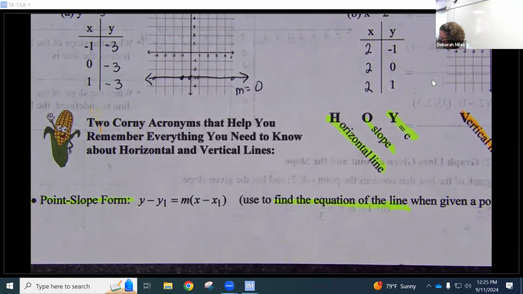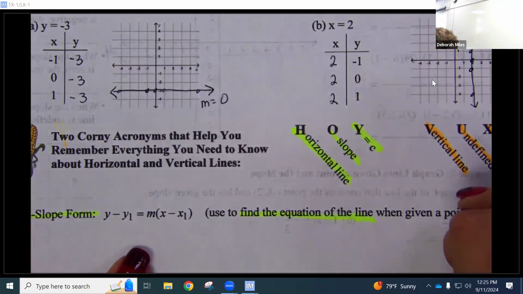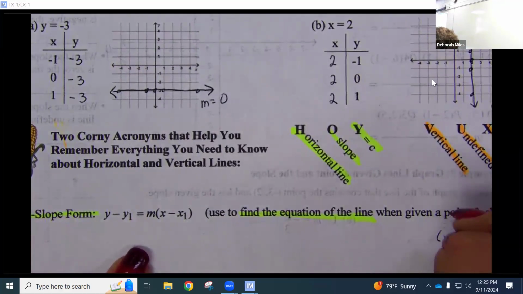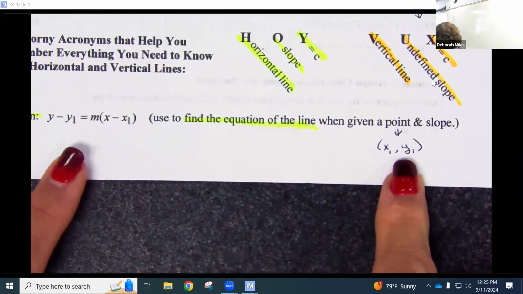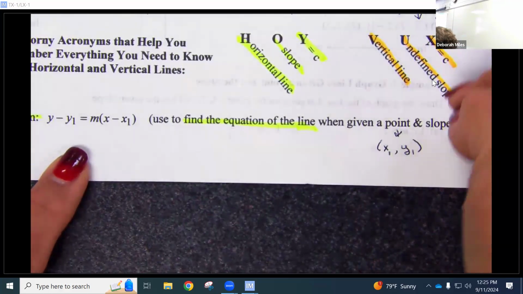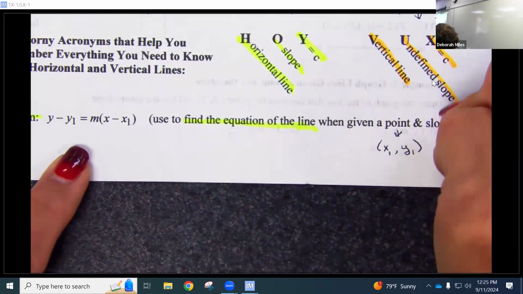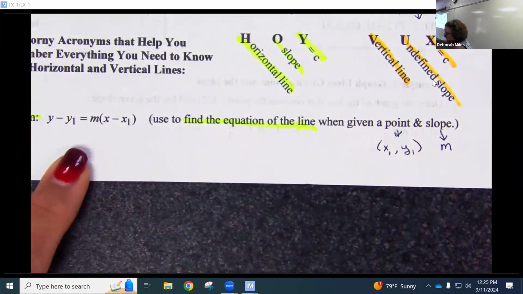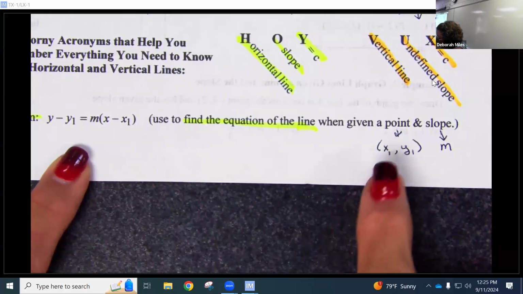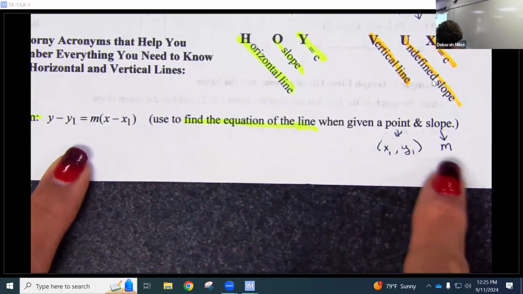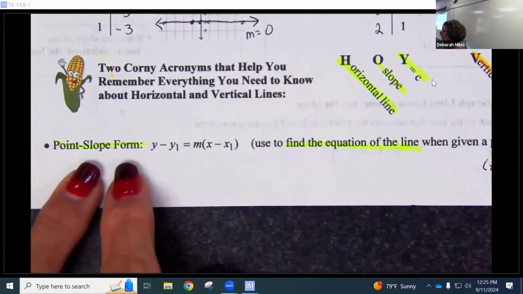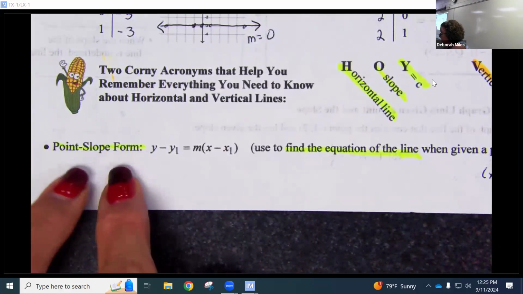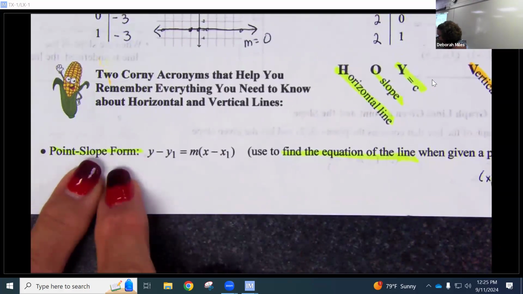The x1, y1 is the point that I'm given. And the M is the slope. So if you give me a point and a slope, it's automatically gonna pop in my head, use point slope form. That's why it's named point slope form.